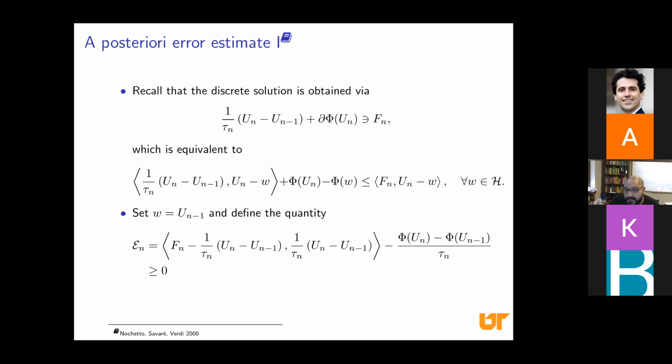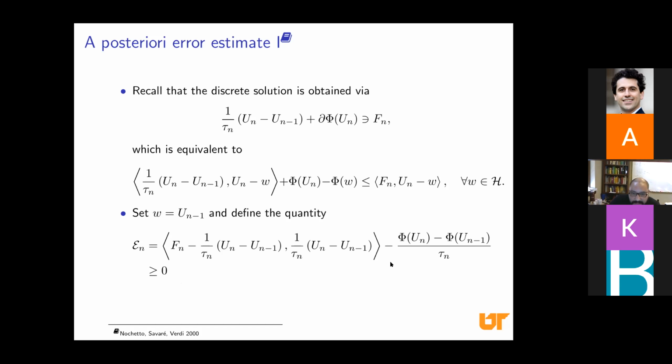Now we're going to do something very clever. We're going to take everything to one side of this inequality, so that this inequality reads: something is non-negative. And this something is going to be a quantity that is important for us. First of all, because it's completely computable, it only depends on the data and the discrete solution.